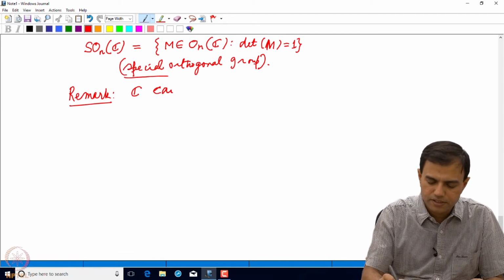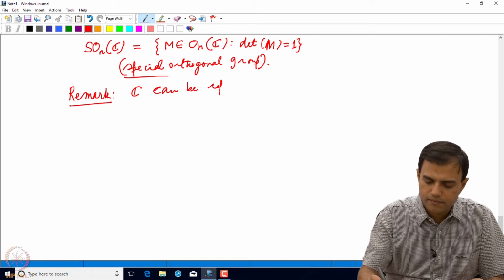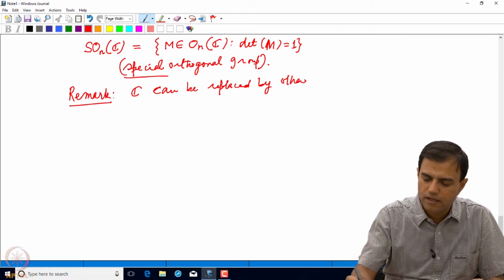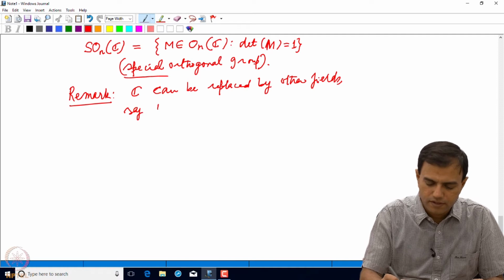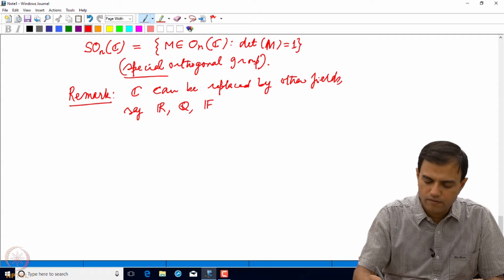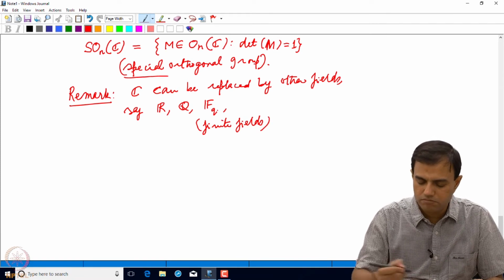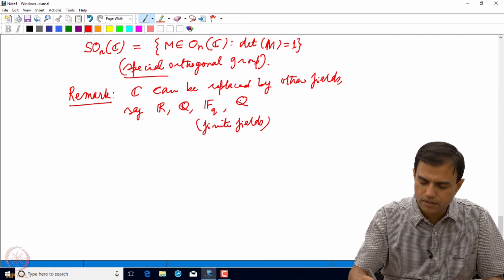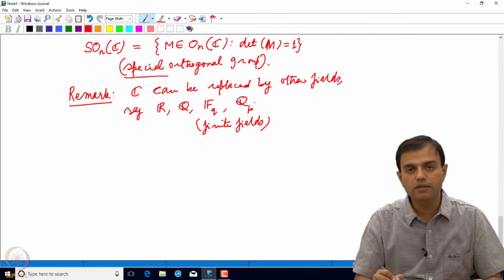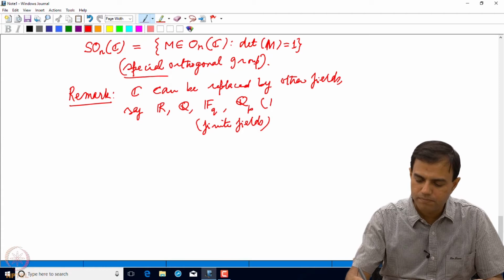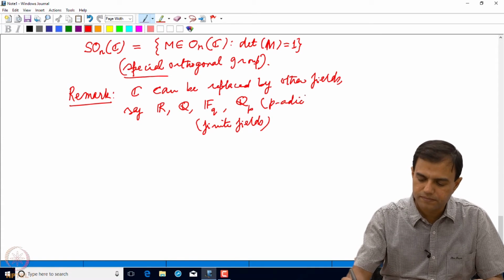C can be replaced by other fields, say reals or rationals, or what are called finite fields, fields which have finitely many elements, or there are some fields which have a number theoretic significance, say p-adic fields or local fields.